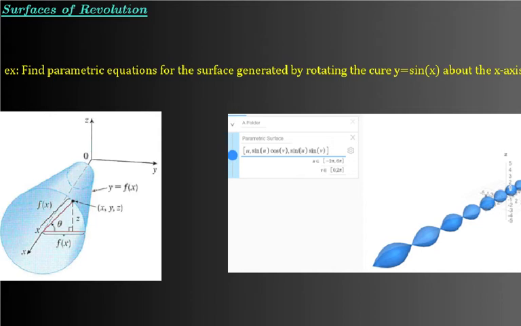Another one that we see a lot of times is surfaces of revolution. And there's a common trick with these ones too. So say I want to find parametric equations for the surface generated by rotating y equals sine of x around the x-axis.